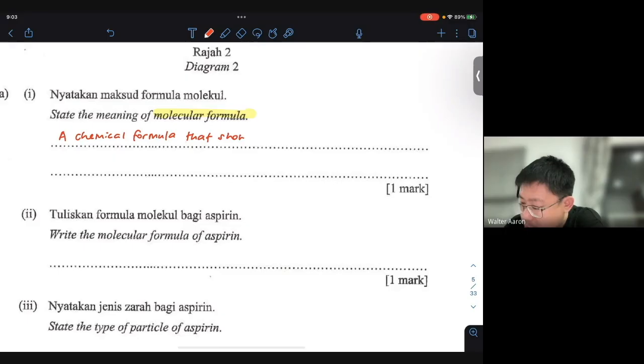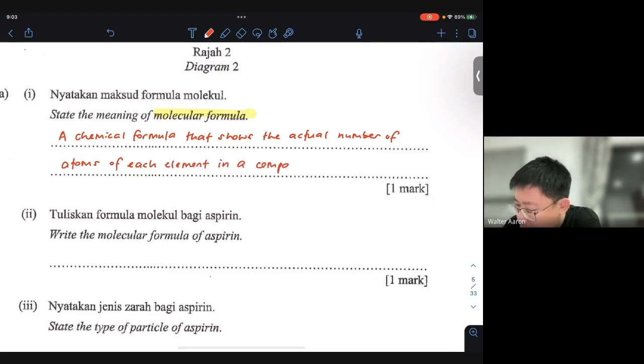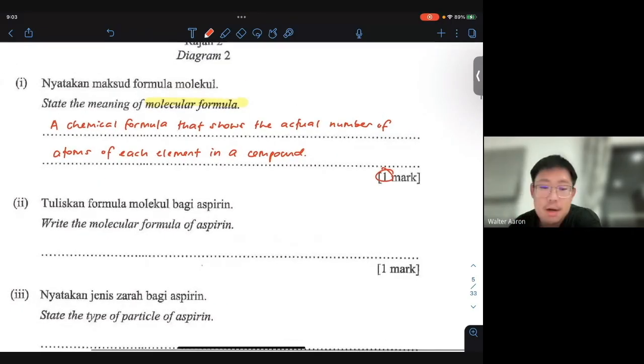that shows the actual number of atoms of each element in a compound. Okay, so write the molecular formula of aspirin.